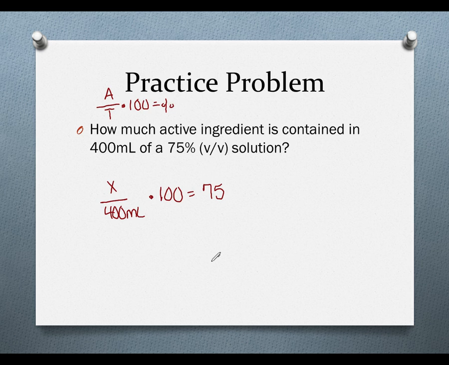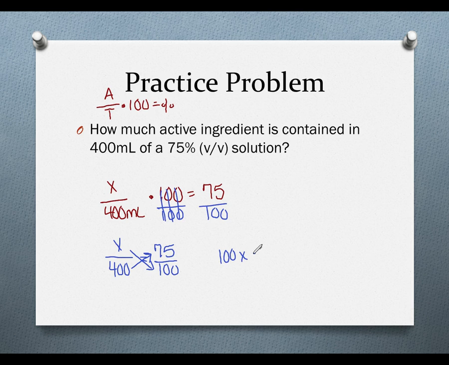Now in order for me to solve for this, I'm going to turn this into a proportion, and I'm going to do that by dividing both sides by 100. So my hundreds will cancel. I'm going to rewrite this, leaving everything in fraction form so I get a proportion. Now that I'm left with a proportion, I can solve for x.